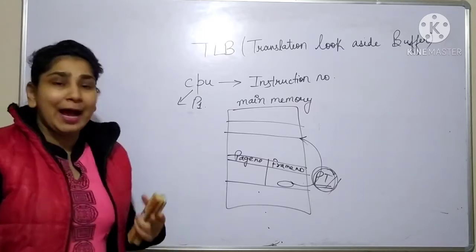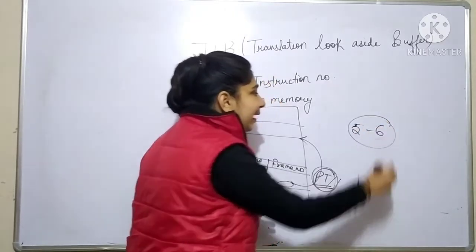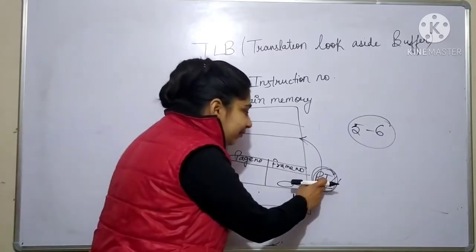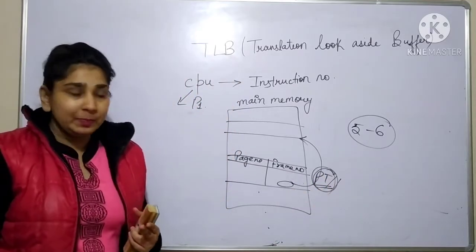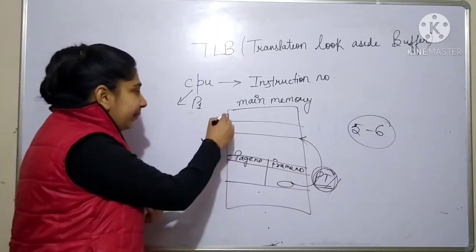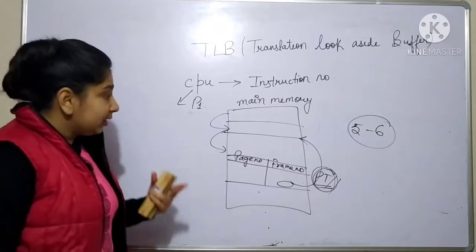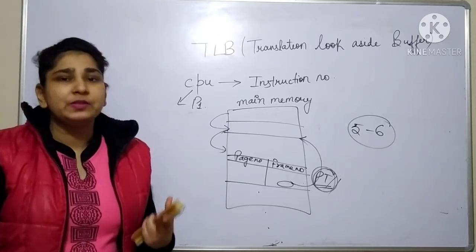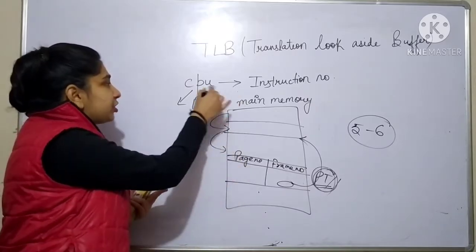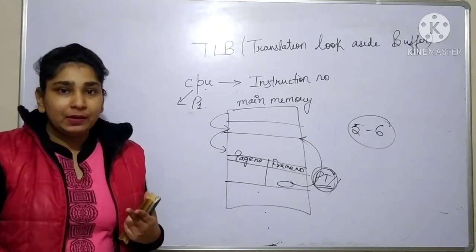But let's suppose you have 5 to 6 levels of page table, then obviously you need to access your main memory many times.